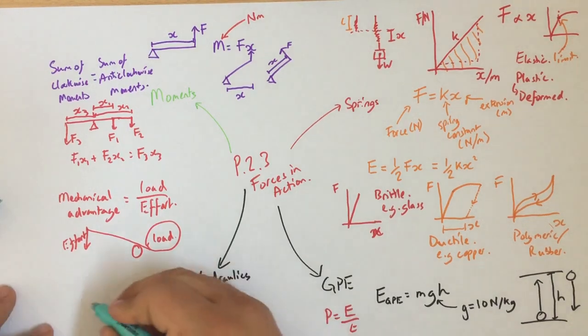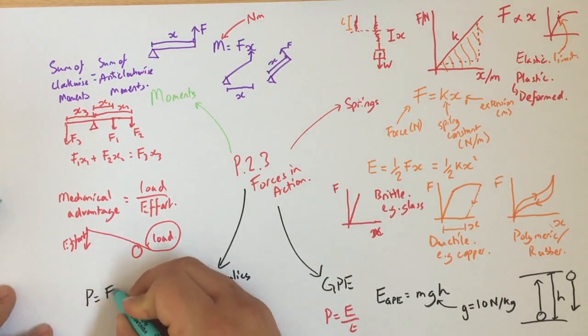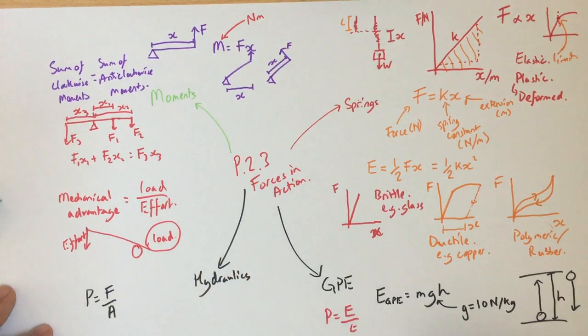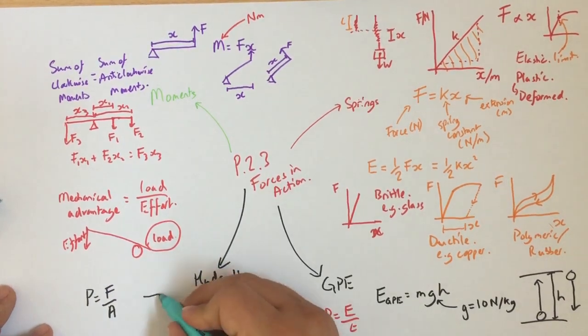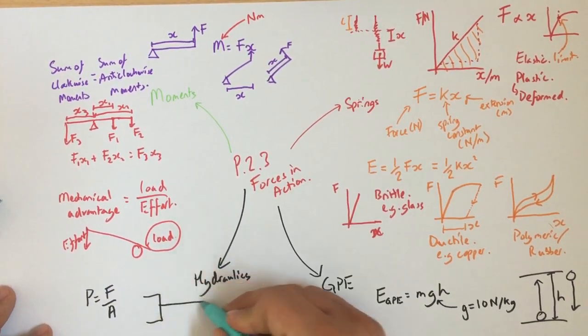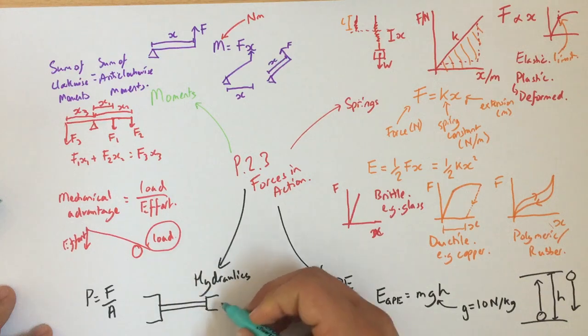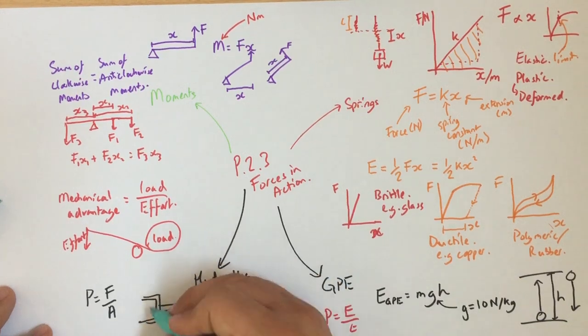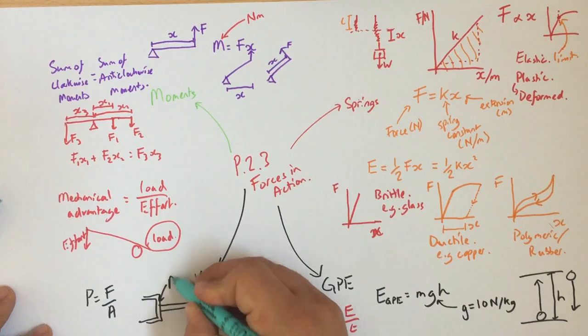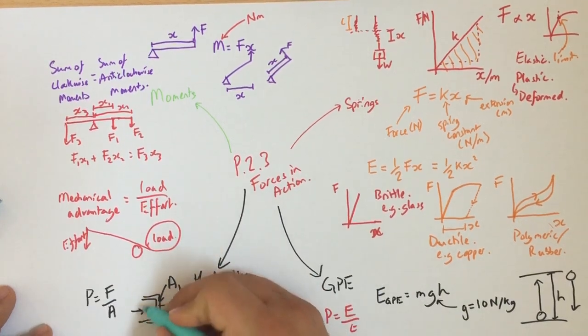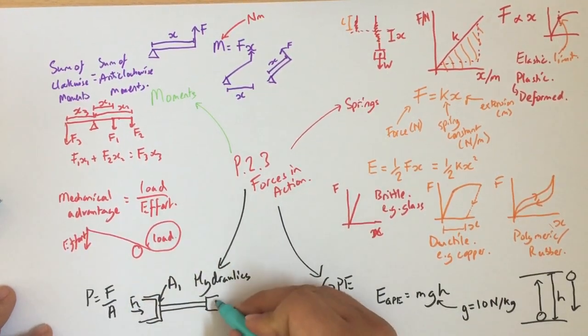So what we're applying here is an equation from P1, which is pressure is force divided by area. So if I have a piston at this point here, this piston will have an area and it will have a force applied to it, and this piston over here has a different area and a different force that is going to be coming out.